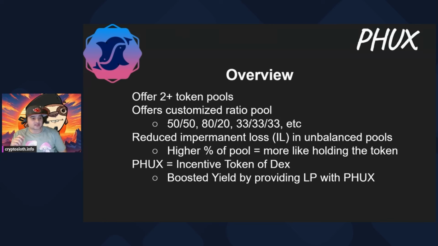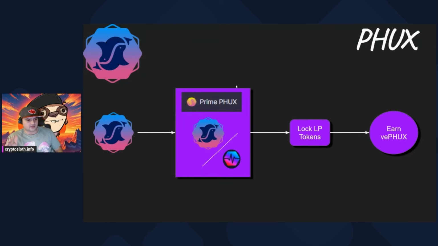For PHUX, there is an incentive token, and it's the same with Balancer, that is given to liquidity providers for certain pools that are incentivized. With the PHUX token on PHUX, you can get boosted yield by providing liquidity with the PHUX token. I just want to go over how that works really quickly, because those mechanisms are important for choosing the pool that you want to provide liquidity in on the PHUX DEX.